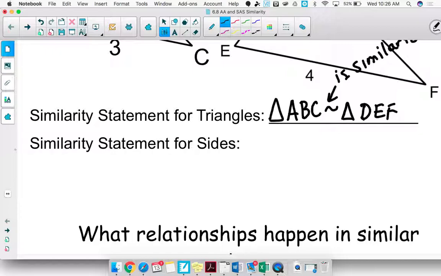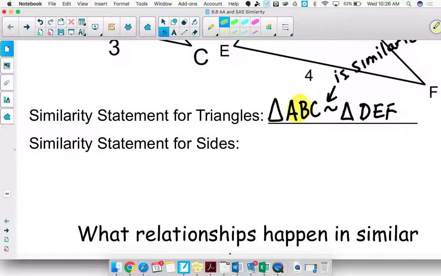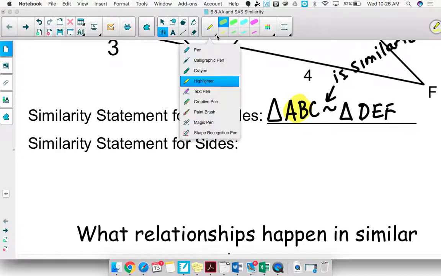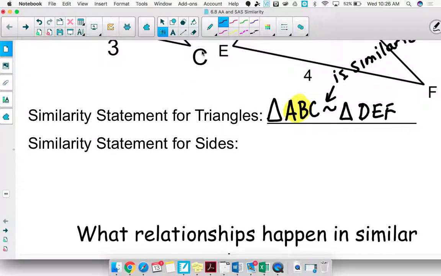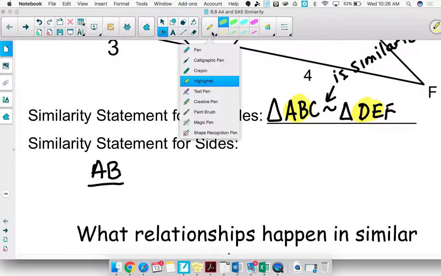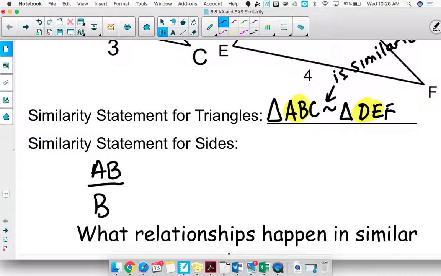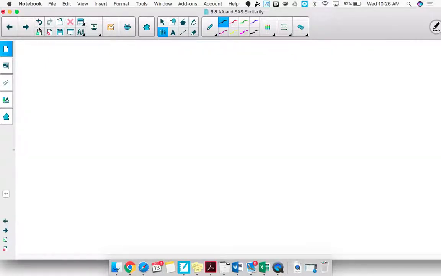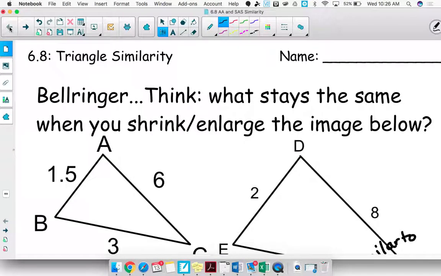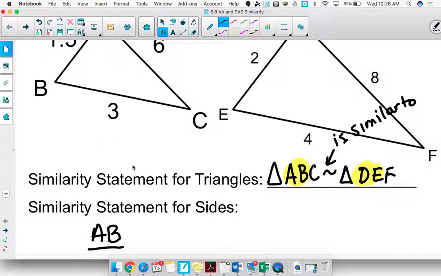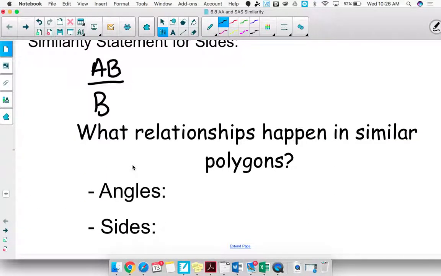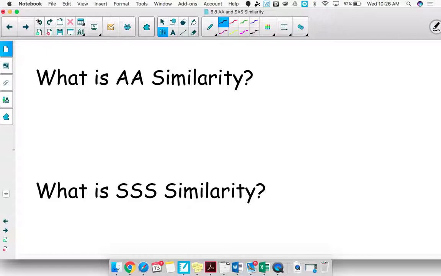Now for the similarity statements for the sides, I don't even have to look at the picture. I'm just going to look at the statement I wrote and pick two corresponding adjacent side letters, which would be AB. If you look at what that matches up with on the other triangle, the first two letters are DE. We're just going to do that same pattern for all of the sets of sides.